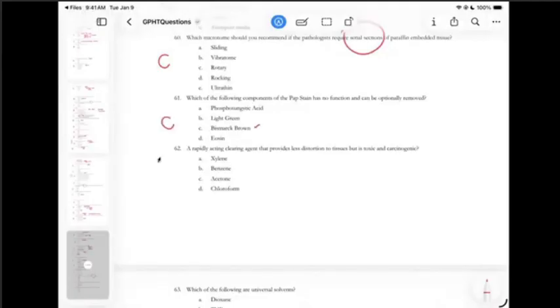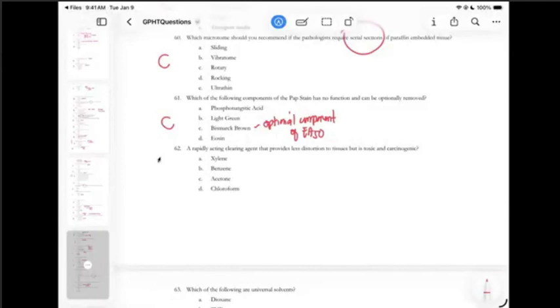Bismarck brown is an optional component of the EA50. EA50 is the counter stain or cytoplasmic stain for the immature cells.